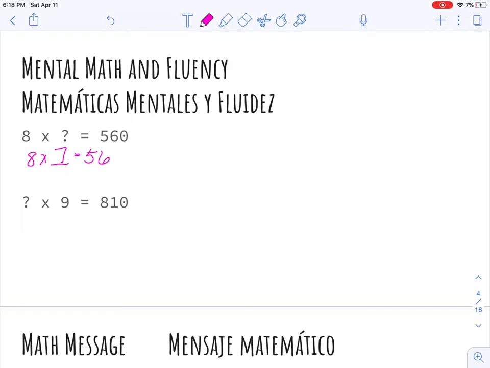So if 8 times 7 is 56, I need to take the 0 from 560 and add it to the 7. So that means 8 times 70 is 560. I can check my zeros. I know 8 times 7 is 56, so I have 1 more 0 to add to the end.